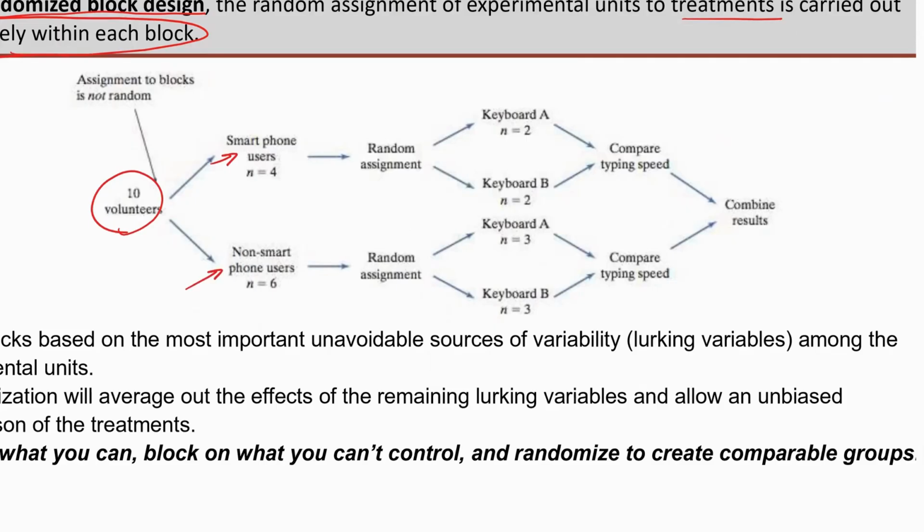Maybe the people with the smartphones have gotten used to their current keyboard layout and would be not happy about a new layout. And the non-smartphone users, oh, they don't know any different. Well, we think that how the new keyboards are interpreted may be different within these two blocks. So this step here is called blocking.